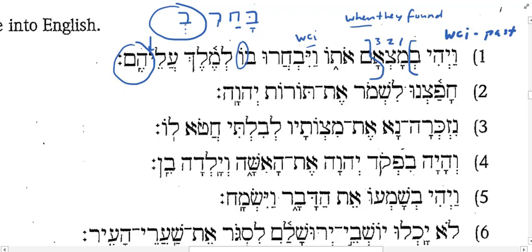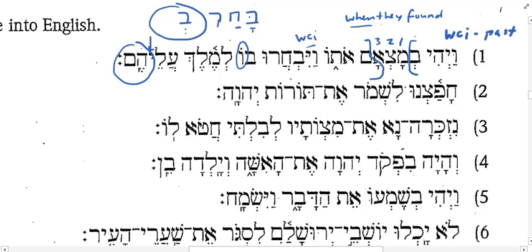So Bahar b'David means he chose David. So who you choose will have a bet attached to it. So here it's they chose Bo, they chose him. Don't translate the bet. Okay?